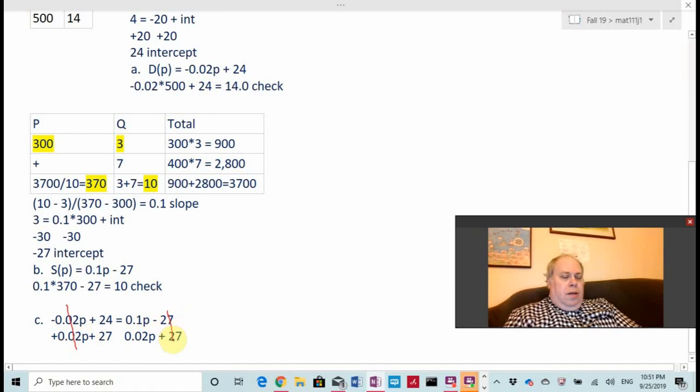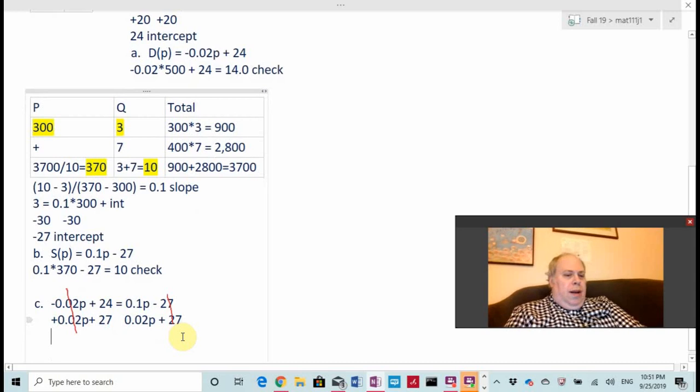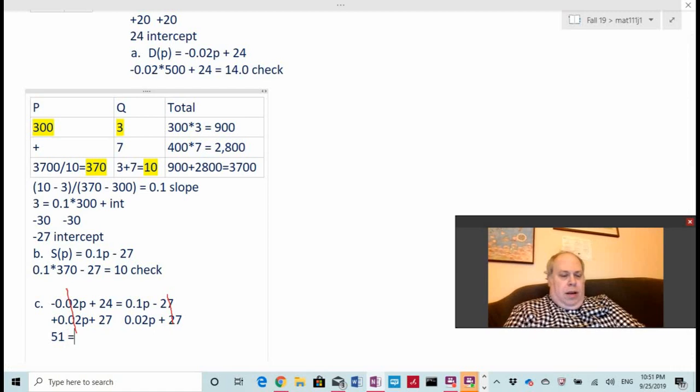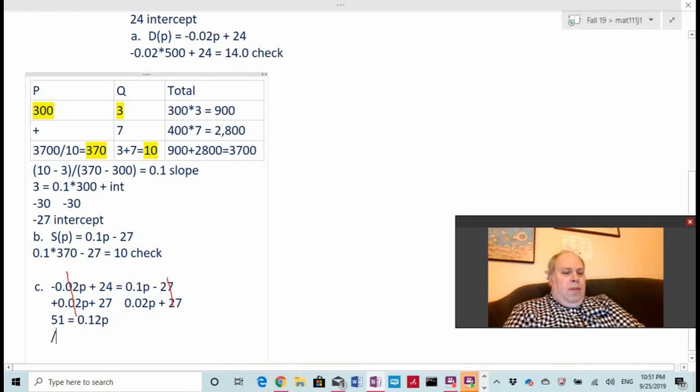That makes the left side 24 plus 27, or 51. And the right side is 0.12P. So we divide both sides by 0.12.